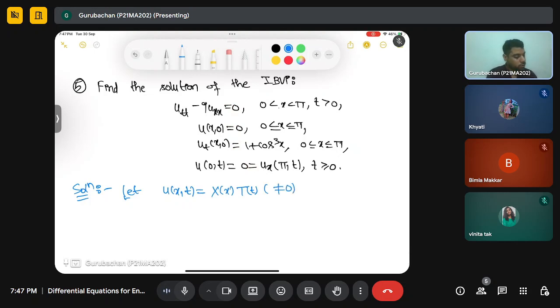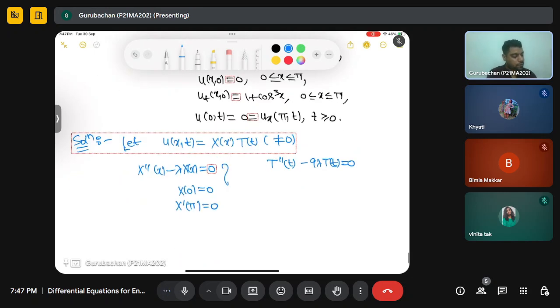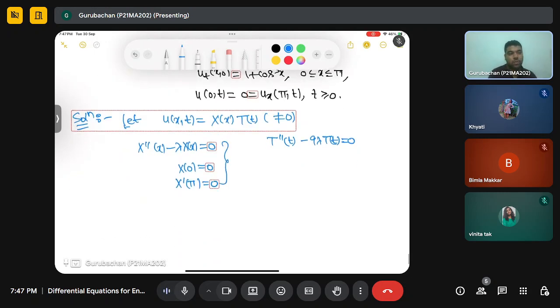From here you will get X double dash of x minus lambda X(x) equal to 0, X(0) is 0, X dash of pi is 0, and T double dash of t minus lambda c square, that is 9 lambda, T(t) is 0.